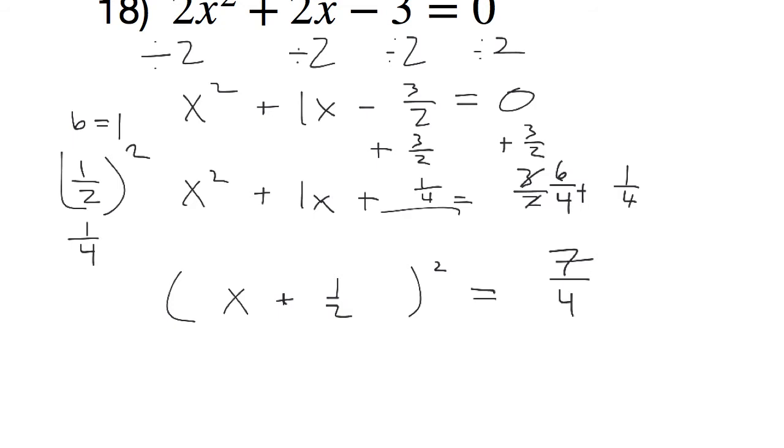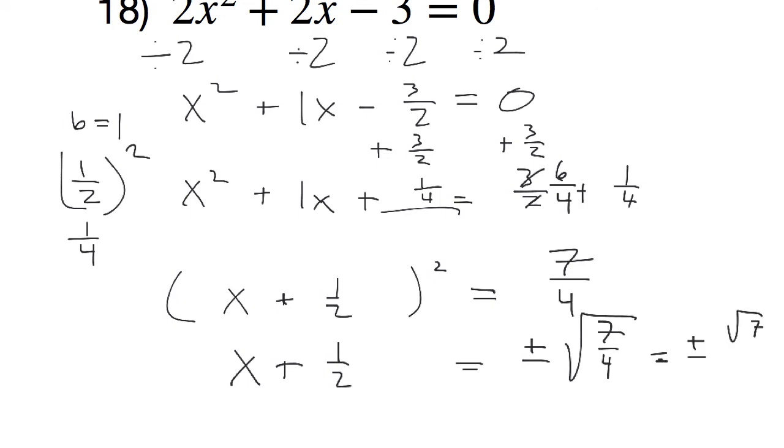Taking the square root of both sides, we get x plus 1/2 is equal to plus or minus the square root of 7 over 4. Simplifying a little bit inside the radical, that's the same thing as plus or minus the square root of 7 over 2. Then we can subtract 1/2 from both sides.